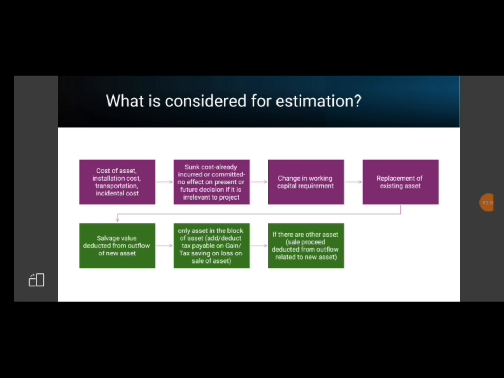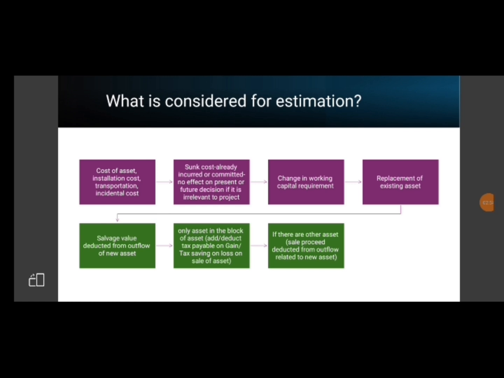And if we are replacing the existing asset, what are the things we need to check? If we are replacing the asset, find the salvage value of the existing asset, which needs to be deducted from the outflow of the new asset.